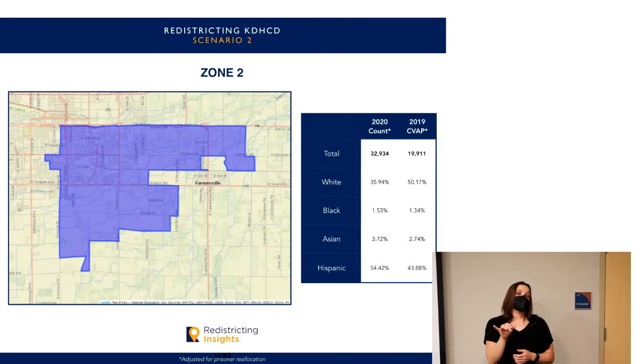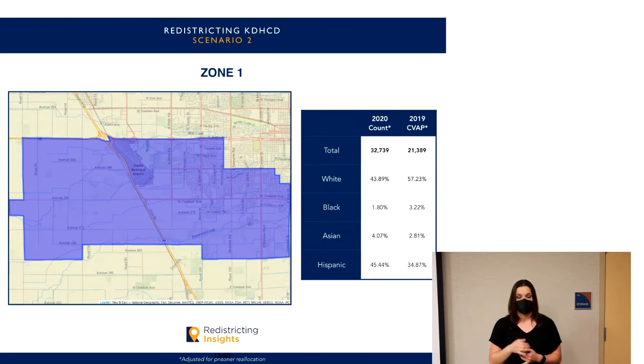And then here we have this labeled District 2. This takes in most of the southeast portions of Visalia. So you can see this one is just under 0.55% deviation and 43.88% Hispanic CVAP.